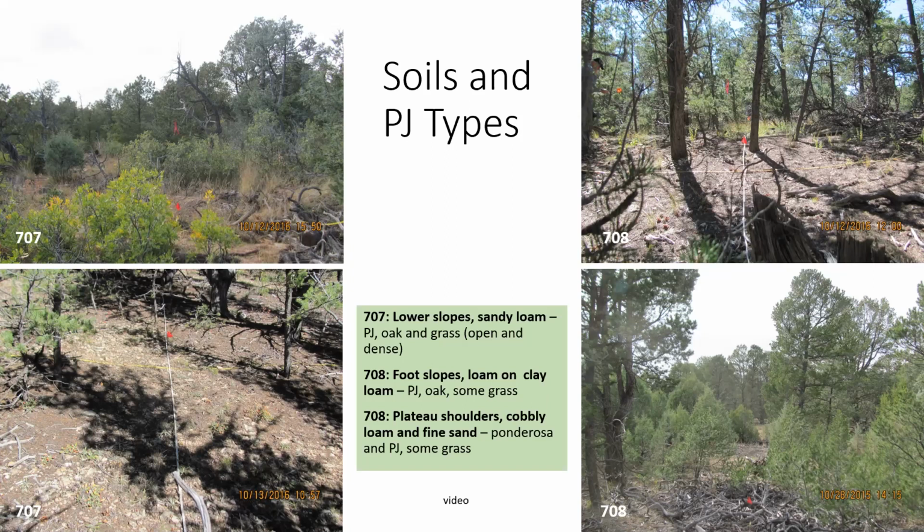And then the plateau shoulders, cobbly loam and fine sand in the northeastern part. They do have a lot of Ponderosa pine, are more north facing, and have some grass, and here and there some piñons as undergrowth. So you see how different locations and different aspects and different soil types then lead to different vegetation types and a different structure of openness or closeness, you could say, of the woodland structure.